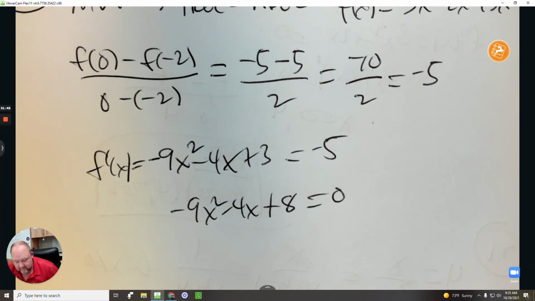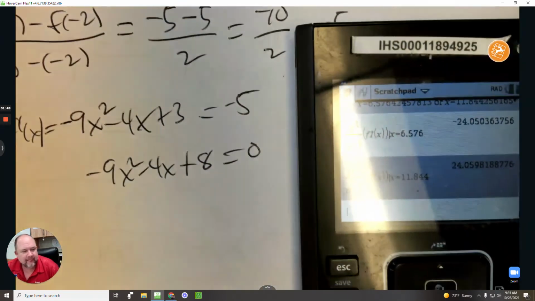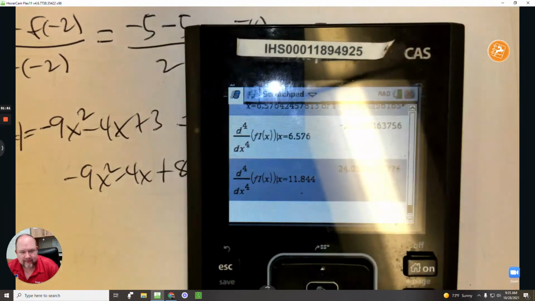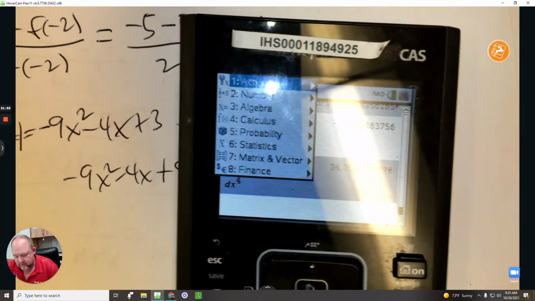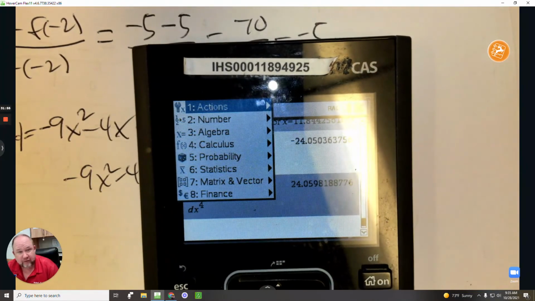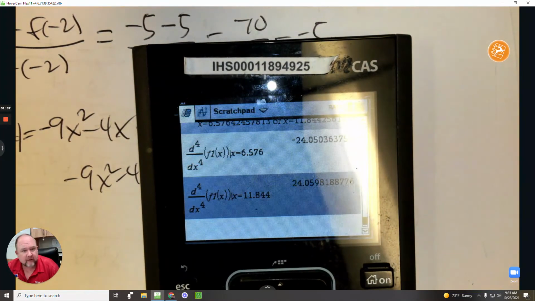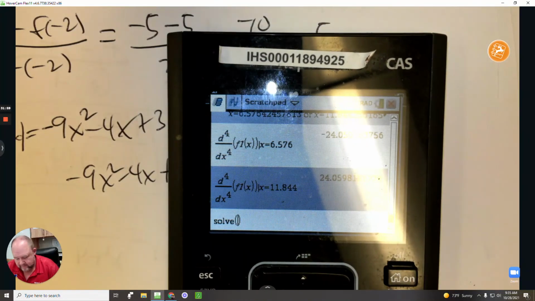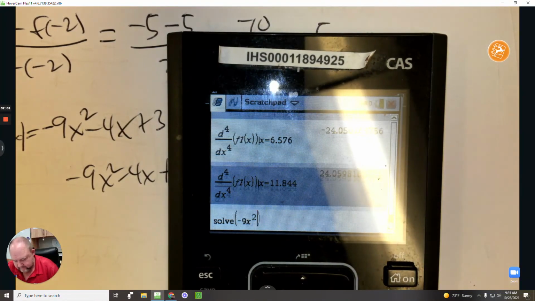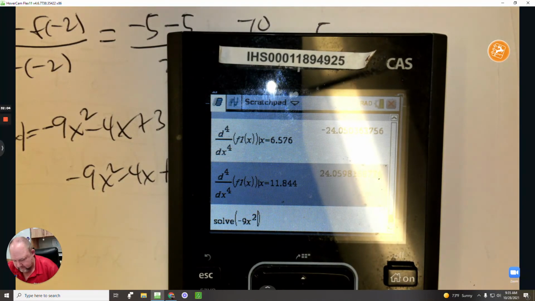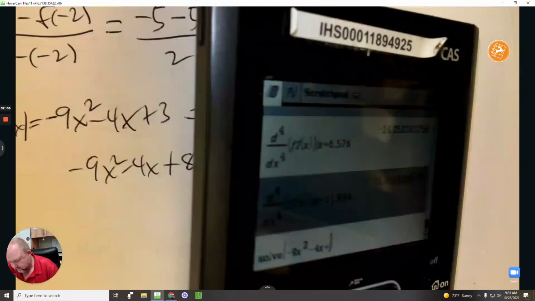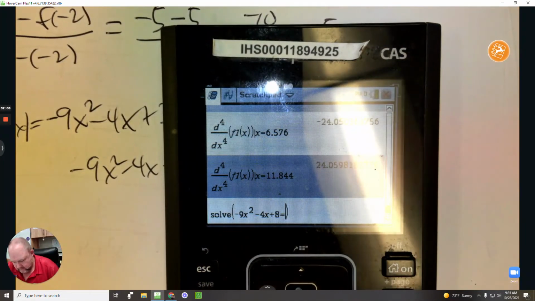You may use a calculator, so I'm going to use a calculator to solve that because it didn't look factorable. Menu, solve, algebra solve. And we're going to type that in: -9x squared minus 4x plus 8 equals 0, comma x.